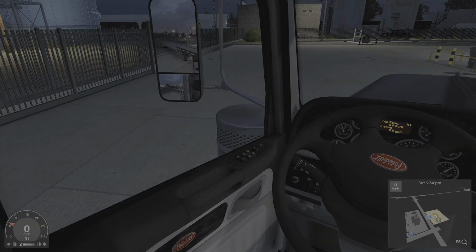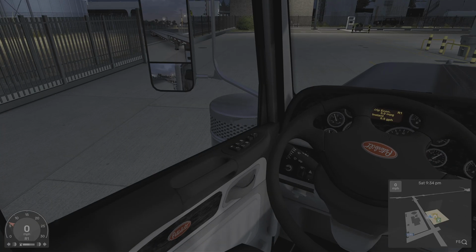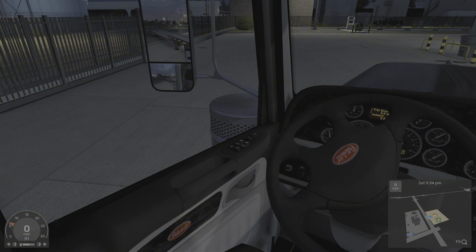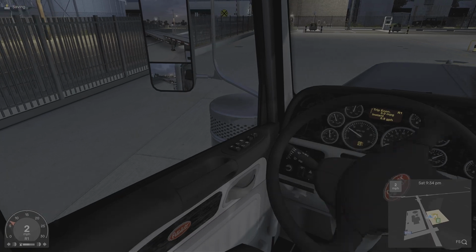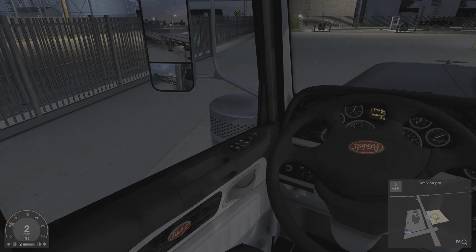Now if you look, the rear of my truck is almost at the center of the road. Now I'm going the opposite way. And back.